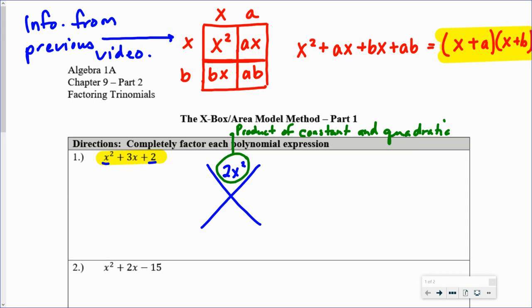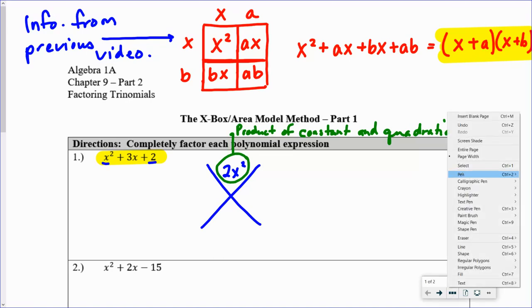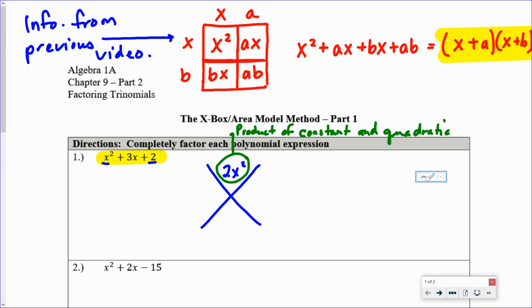Now, what we're looking for are factors of 2x squared, so factors of that product that add up to the middle term. So this term right down here that I wrote is the middle linear term.